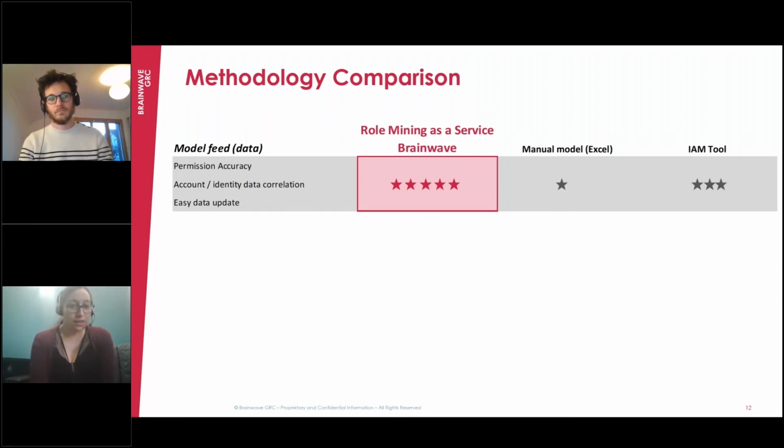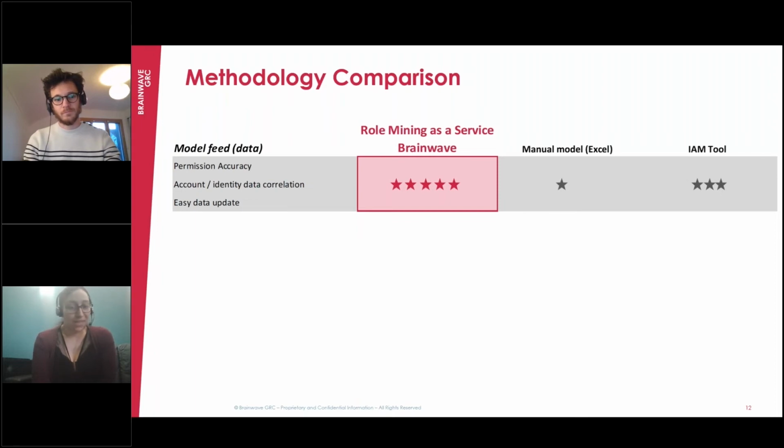So in terms of data feeding, in the past, in the projects that I may have been a witness of, or my colleagues have been involved in, we've seen that using Excel as a way to aggregate the data of your applications is just very inconvenient.